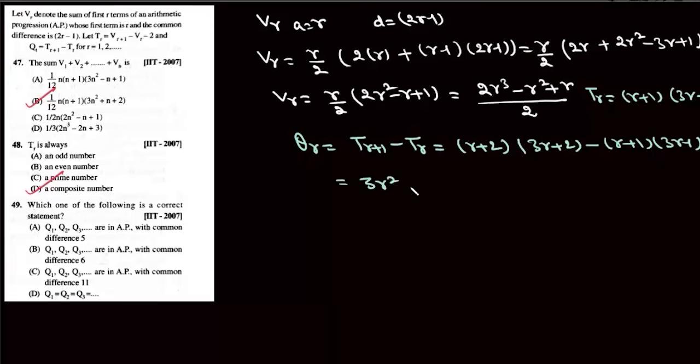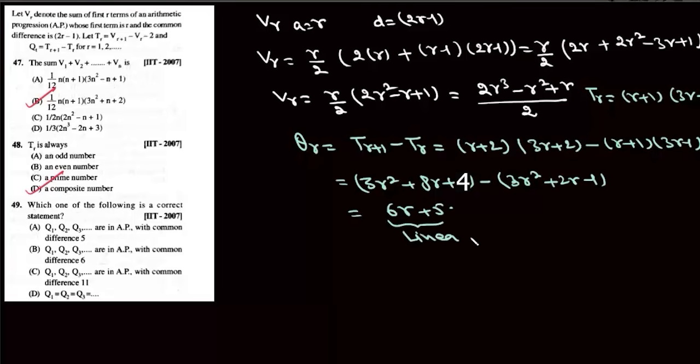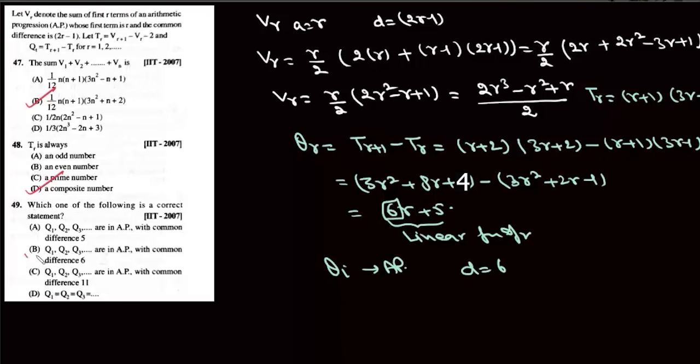So it will be 3R square plus 8R plus 6 minus (3R square plus 2R minus 1), which is 6R plus 5. So basically this Q_R is a linear function of R. So that means these Q_R will be in AP. So Q1, Q2, Q3 are in AP, and their common difference should be 6. This should be your option B. So the correct options are B, D, and B.